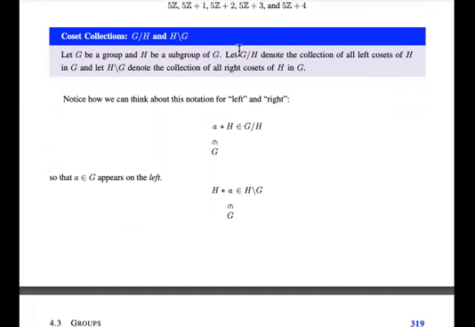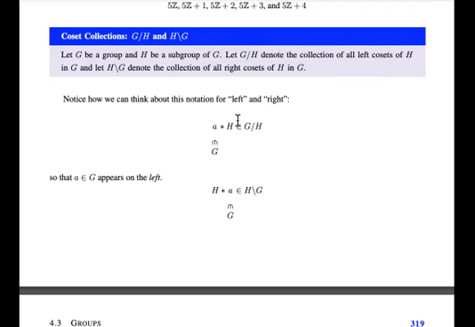So technically speaking, G over H denotes the collection of left cosets, where we're taking the subgroup H and we're adding things from G. Notice how the G happens on the left and H happens on the right. G is where you take your additive shifts from. So you take an additive shift of H.